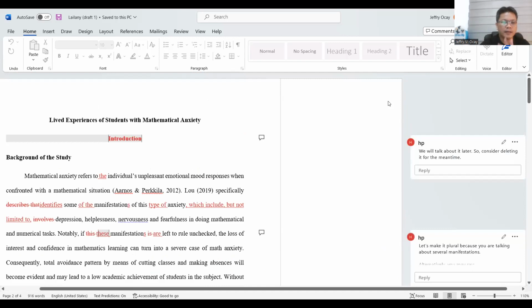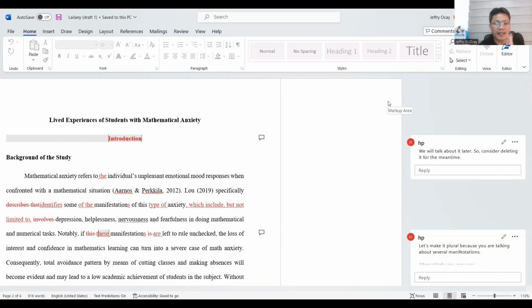So let me proceed now to the presentation and discussion of the second to the last draft of this background of the study. So I will present and we will discuss.